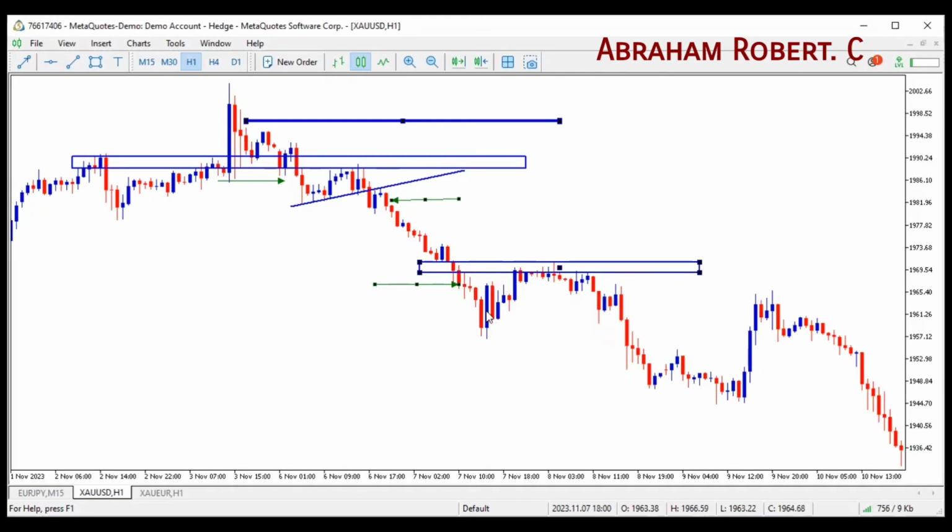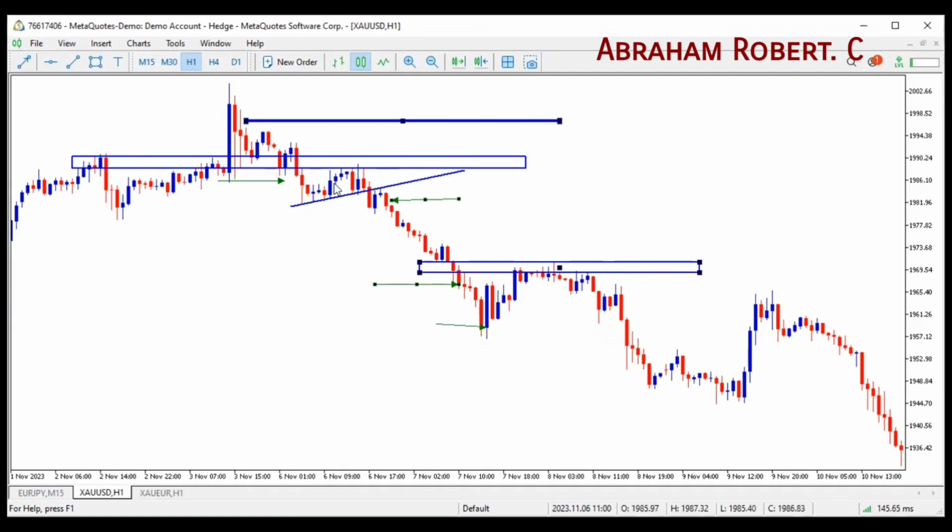Now, so many persons will start joining the trend from this area. If you join the trend from this area, and the market retraces, you'll be on a drawdown during the process of retracement. And sometimes the market will break back into this area and continue to the upside. It happens all the time.